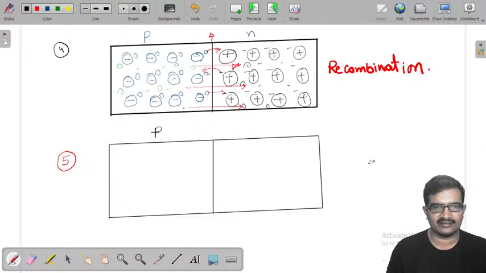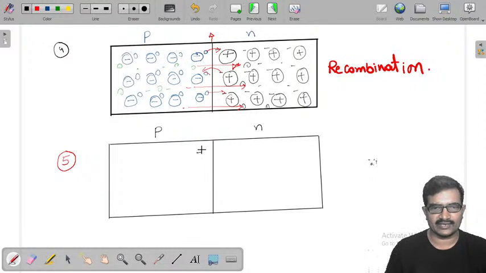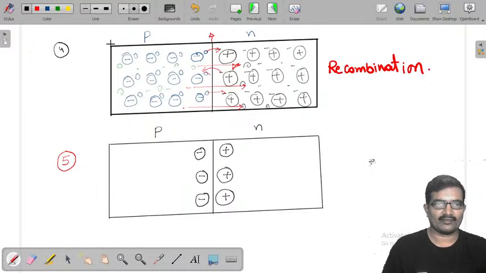This is P side and this is N side. Now after recombination, in this region you have only negative immobile ions. Similarly, on this side you have only positive immobile ions. Now I am going to separate this plane from the remaining part.